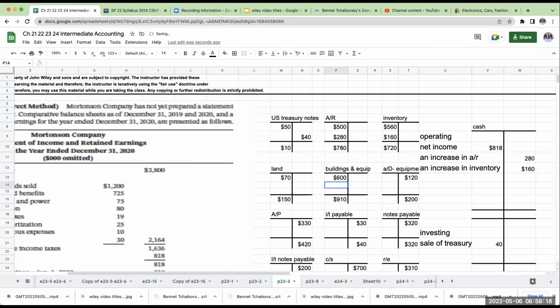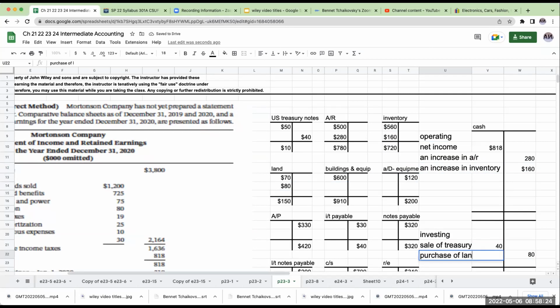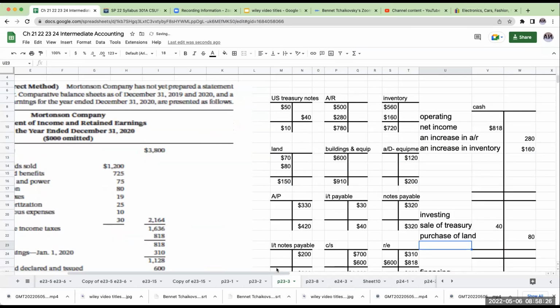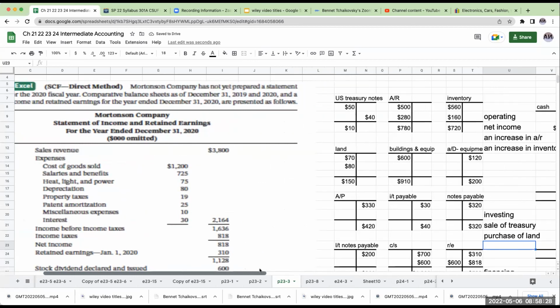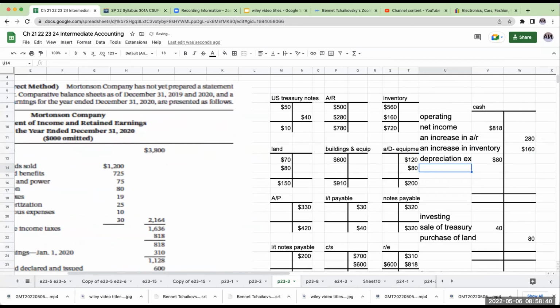Okay, land went up by 80. This is going to be a purchase of land. Okay, over here, I see that accumulated depreciation on equipment. So this actually went up by 80. So this is going to be my depreciation expense. Buildings and equipment went up by 310.